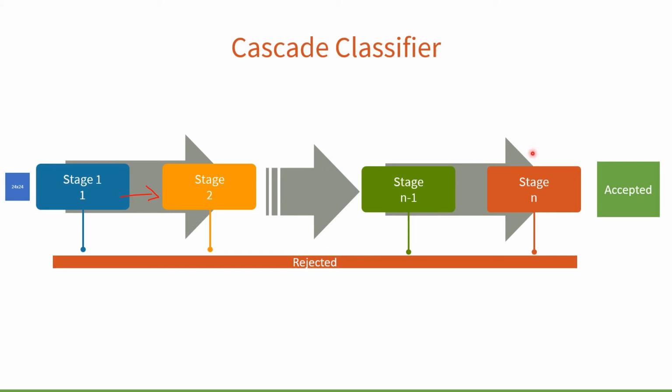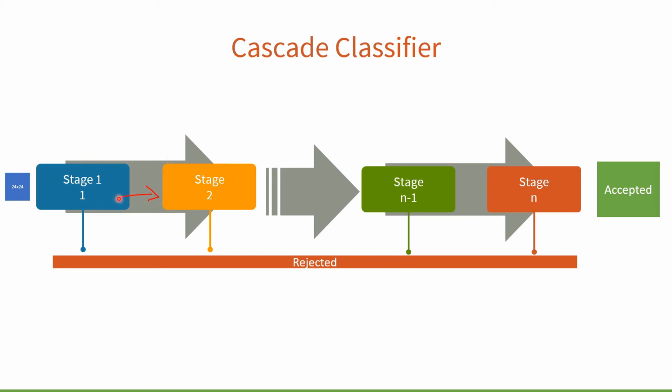A sliding window will be confirmed as a face if it goes successfully through all the hard classifiers. We call this a cascade classifier, because it has a lot of stages, a continuous series of stages. A weak classifier combined with a lot of weak classifiers becomes a stronger one.